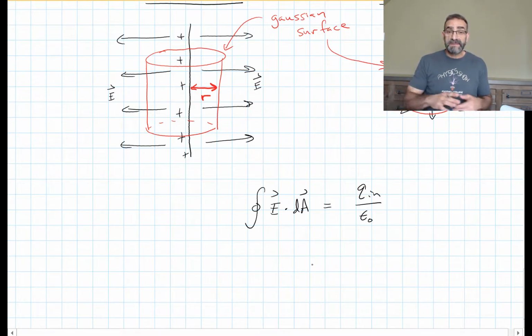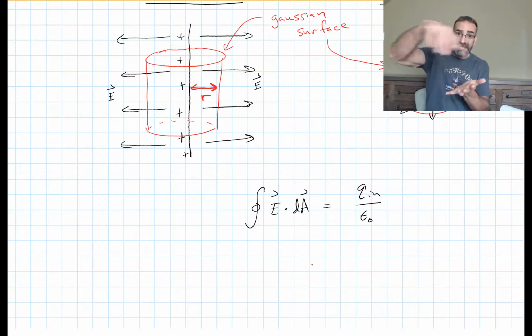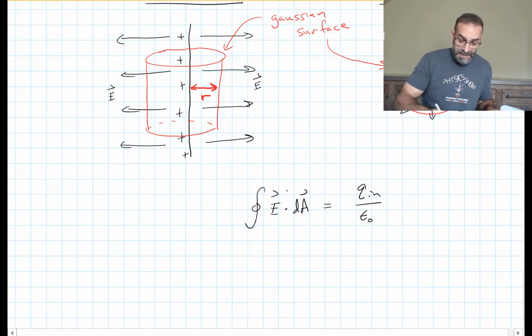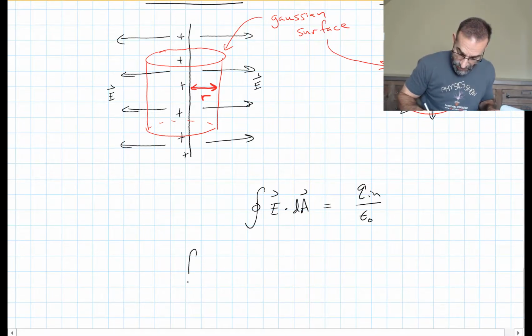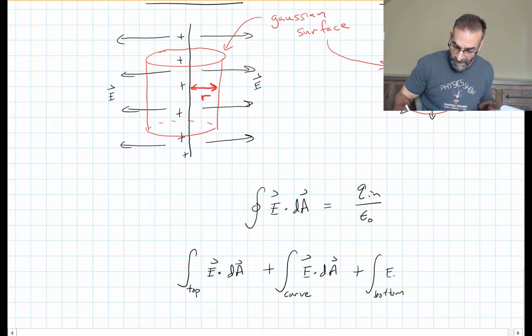A cylinder has 3 sides to it. It has a top, it has a bottom, and it has this curved side. So I can split this integral up into 3 integrals. The integral over the top of E dot dA plus the integral over the curved side of my Gaussian cylinder plus the integral over the bottom of my Gaussian cylinder of E dot dA.